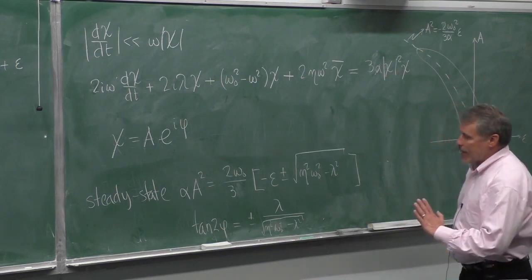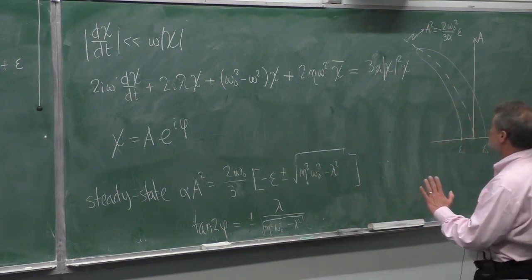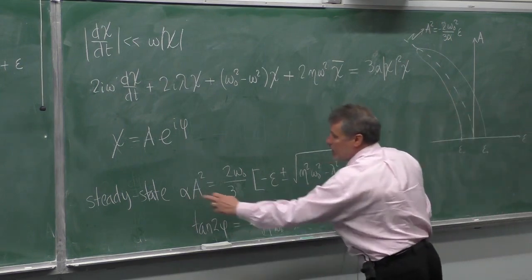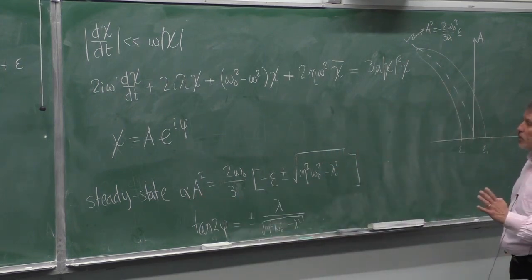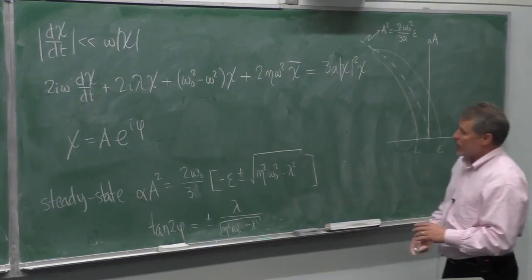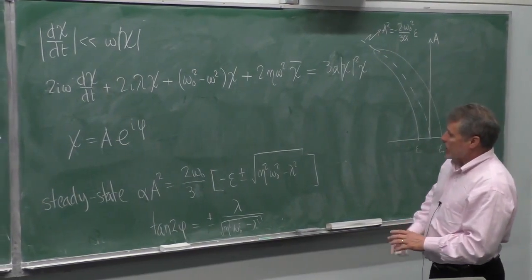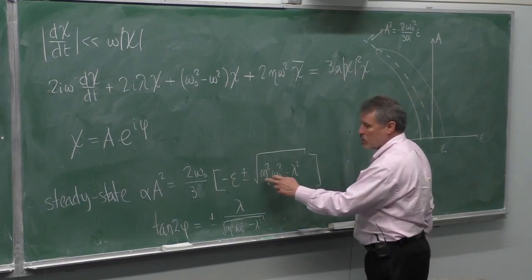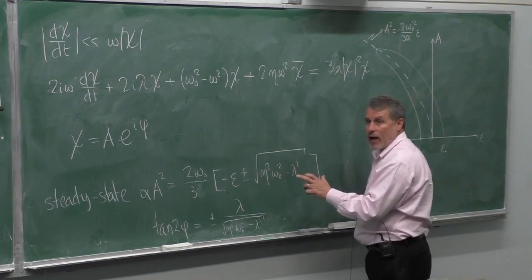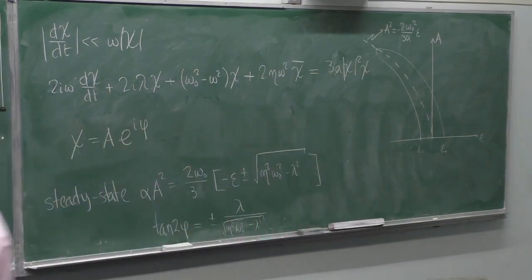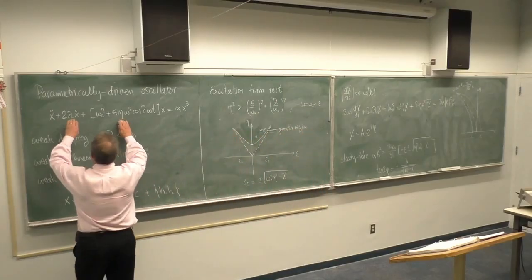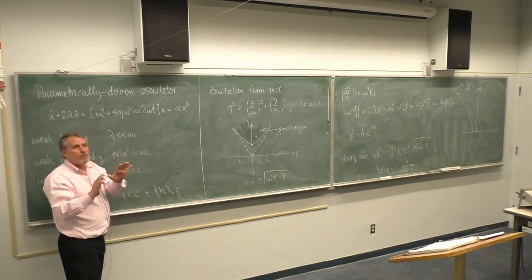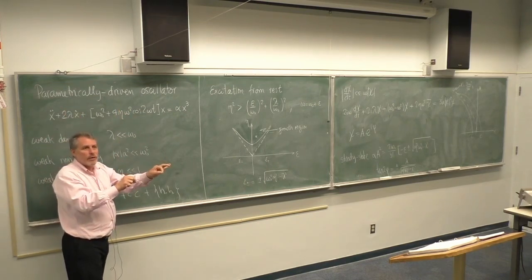Let me take the case when alpha is positive. When alpha is positive, in the absence of drive and dissipation, when I don't have a parametric drive, so when eta is equal to 0, and when lambda is equal to 0, I'm then reduced to the problem of a free nonlinear oscillator.